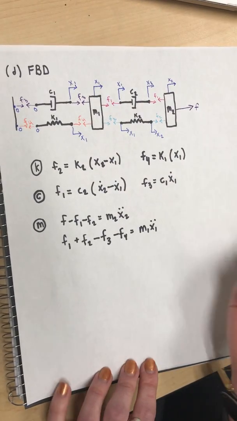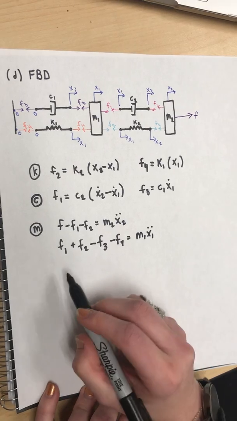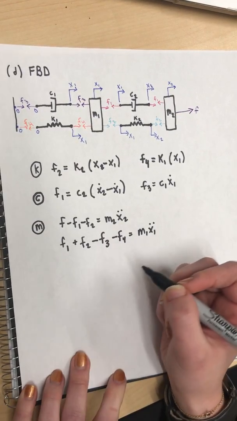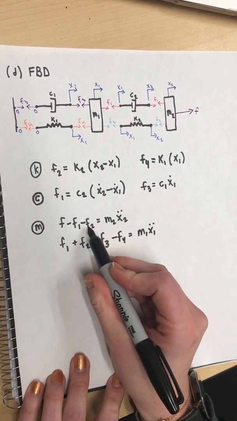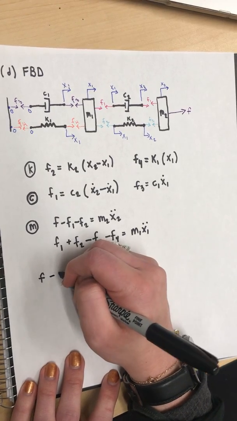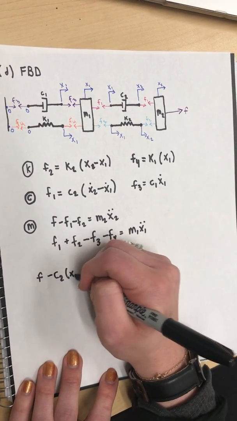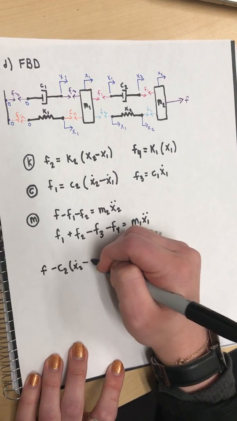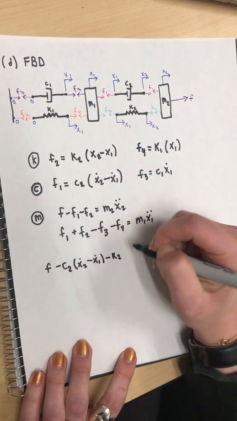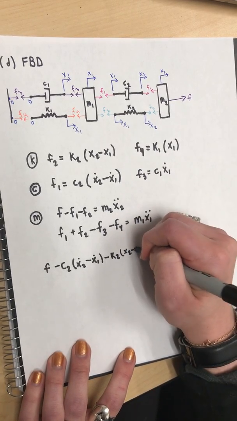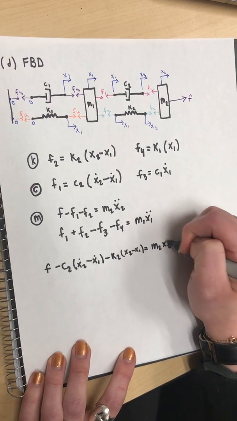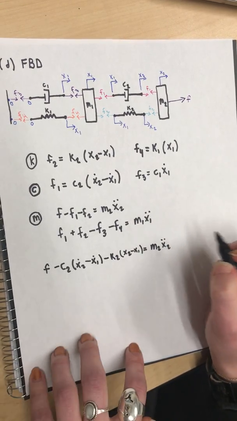And then finally, we will just start plugging in and substituting for the forces here to get our equations of motion. So starting with this one right here, we have F minus F1, which is equal to C2. There we go with that.